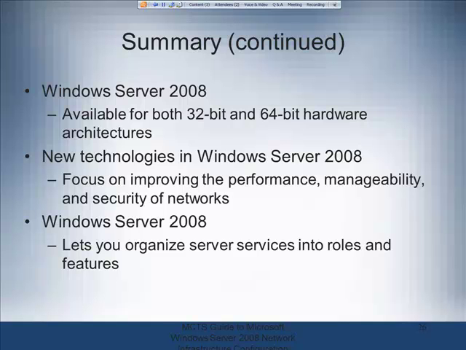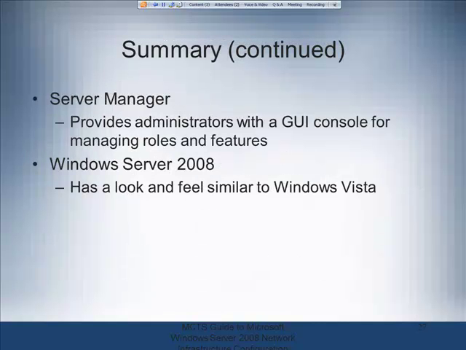It's going to be faster because you have more communications channels, like twice as many communications channels with the devices themselves. Server Manager you've looked at, you've used, you're going to use again. It says it has a feel similar to Windows Vista, has a feel similar to Windows 7, has a feel similar to Windows Server 2008. I don't know that to me the feel has really changed all that dramatically.